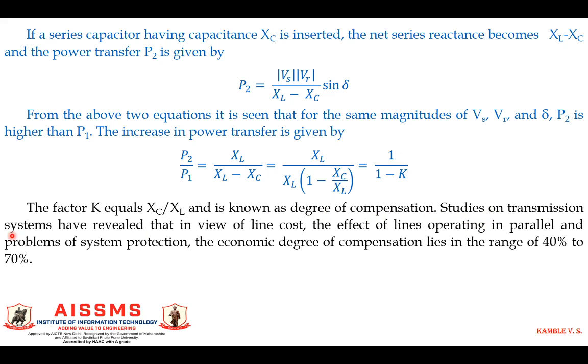Studies on the transmission system have revealed that, in view of line cost, the effect of lines operating in parallel, and the problems of system protection, the economic degree of compensation lies in the range of 40% to 70%. That is, the value of K, the ratio of Xc by XL, lies between 0.4 and 0.7.